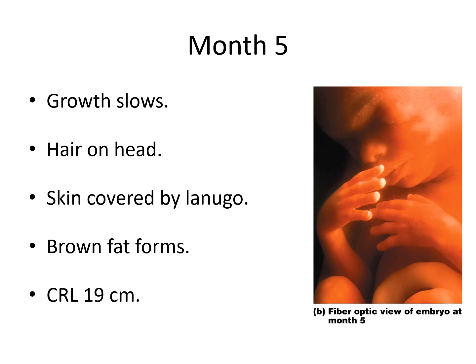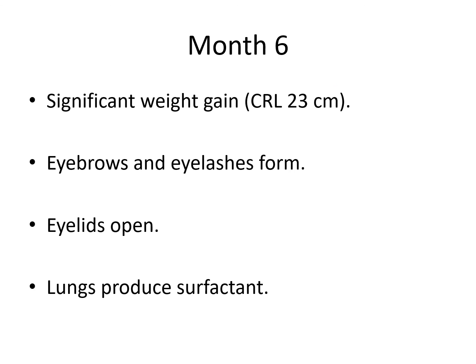By month 5, growth is slowing, and it starts to have hair on its head. It's covered by the hair-like lanugo, brown fat forms, and it has a crown to rump length of about 19 centimeters. By month 6, there's a significant weight gain. So the crown to rump length is about 23 centimeters.